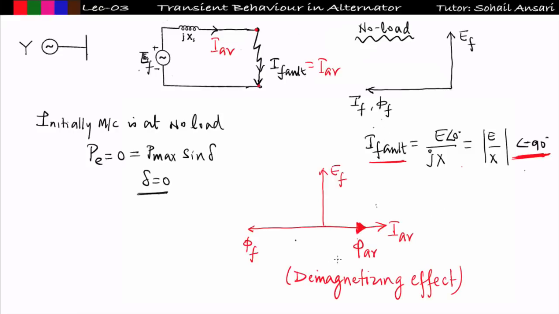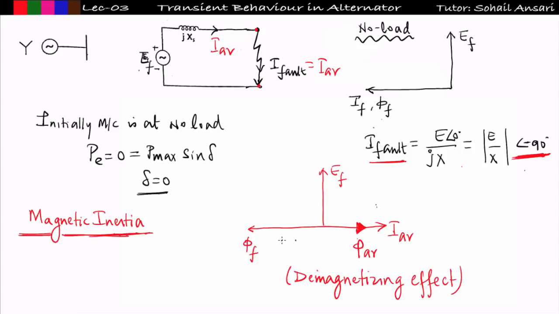What is the disadvantage of the demagnetizing effect? It tries to demagnetize the overall field flux, meaning it tries to decrease the field flux. But according to magnetic inertia, the flux will not change instantaneously. This is a property of magnetic material: all the dipoles won't change instantaneously. It will change slowly, but not instantaneously.